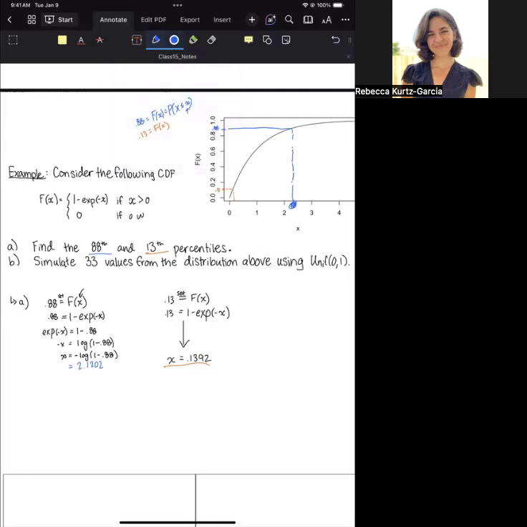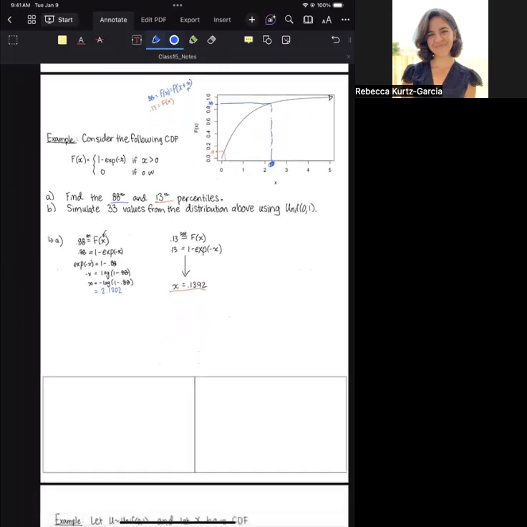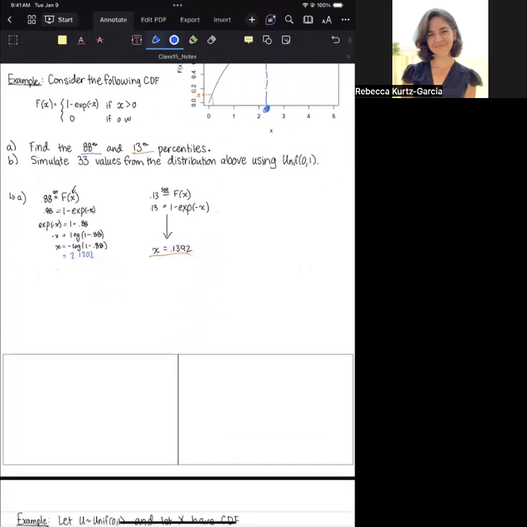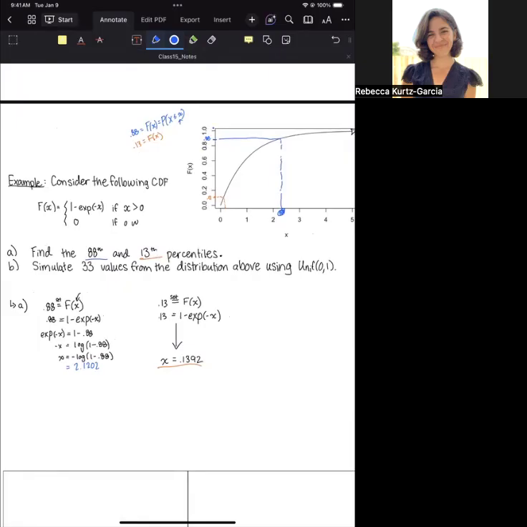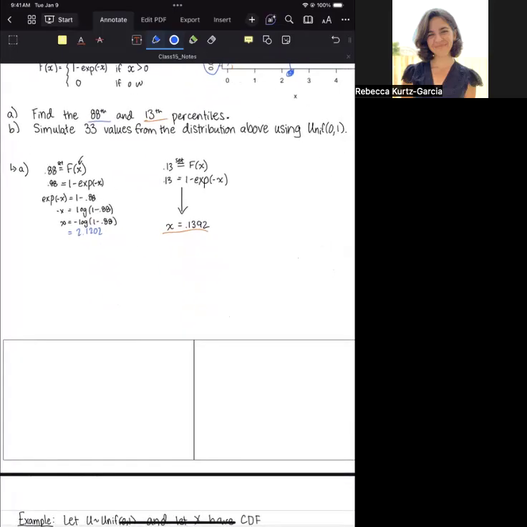Now, it said to simulate 33 values from the distribution above using a uniform(0,1). What I meant by that was to do the same process over and over again: simulate uniform(0,1) values over here, and then keep following the steps to find the x's that correspond to those values. I said 33 values because that's how many people responded to the welcome survey.